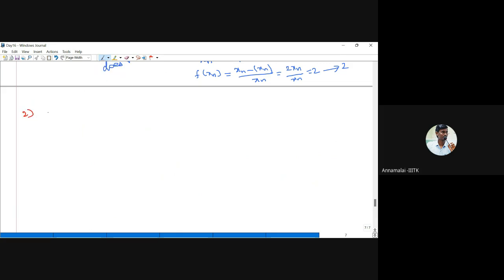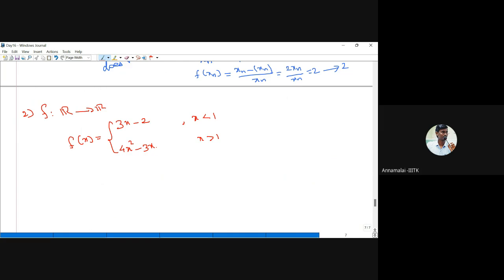So, second example. Suppose f is a function from R to R defined by f of x equal to 3x minus 2 for x less than 1, and for x greater than 1, we define 4x square minus 3x.